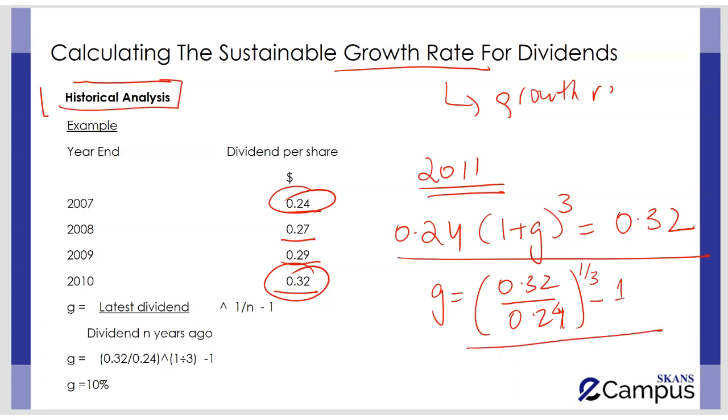I could formalize this example by writing that 0.32 was the latest dividend, and 0.24 was the dividend n years ago, for example in our case 3 years ago, divided by, raised to the power 1 over n, minus 1 is the whole formula. Now if I use this formula and do the calculations, my value will come out to be 10%. This is one method of calculating the growth rate.